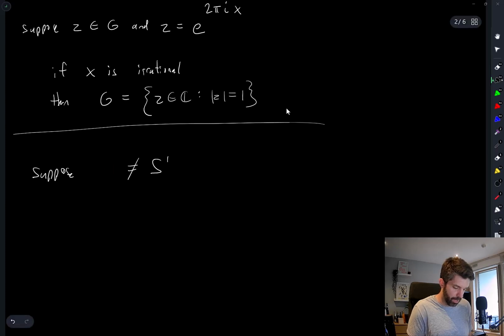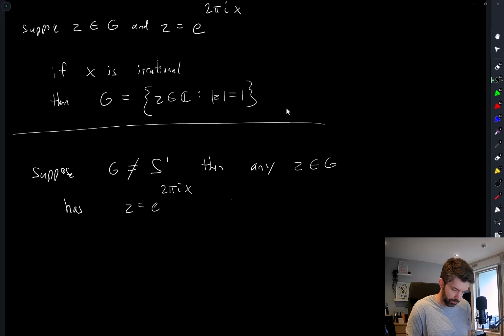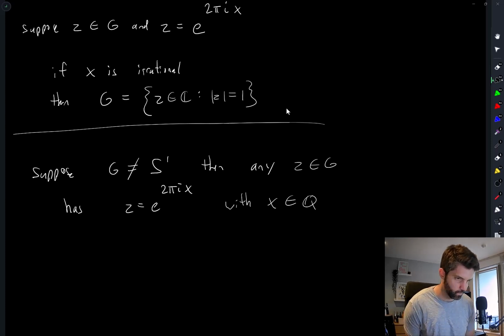Suppose G is not equal to the circle, then any Z in G has Z equal to e to the 2 pi i x with x rational.